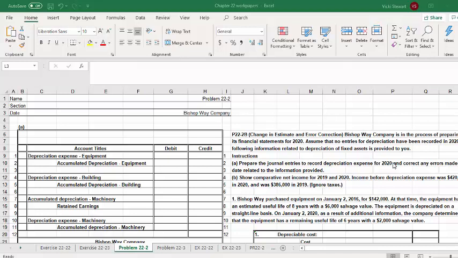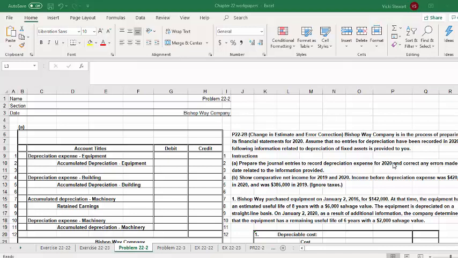In the instructions in Part A, it states to prepare the journal entries to record the depreciation expense for 2020 and correct any errors made to date related to the information provided, and in Part B to show comparative net income for 2019 and 2020.